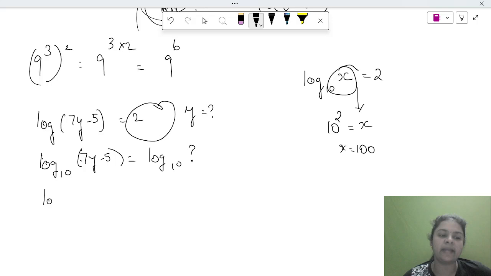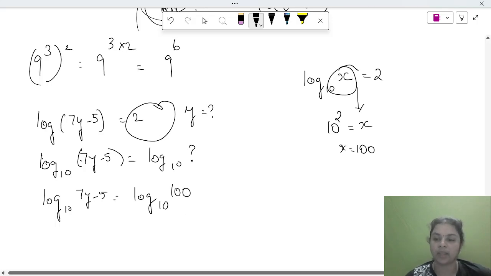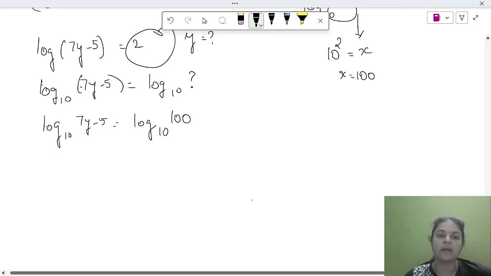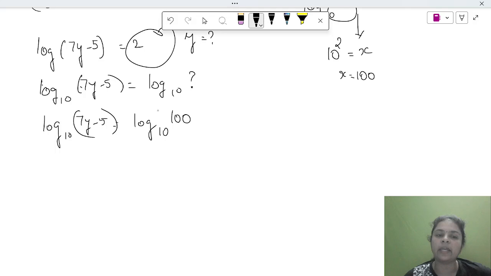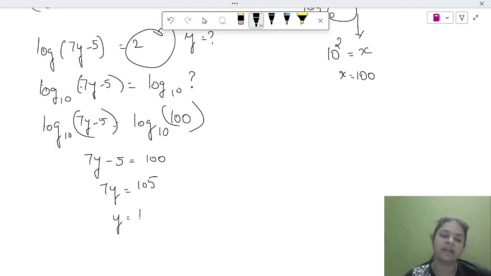So now we can write log to the base 10, 7y minus 5 is equal to log 100 to the base 10. Now that the log base 10 is the same, we can equate these two values, which means 7y minus 5 is equal to 100. Therefore, 7y is equal to 100 plus 5, 105, and y is equal to 105 divided by 7, 15.